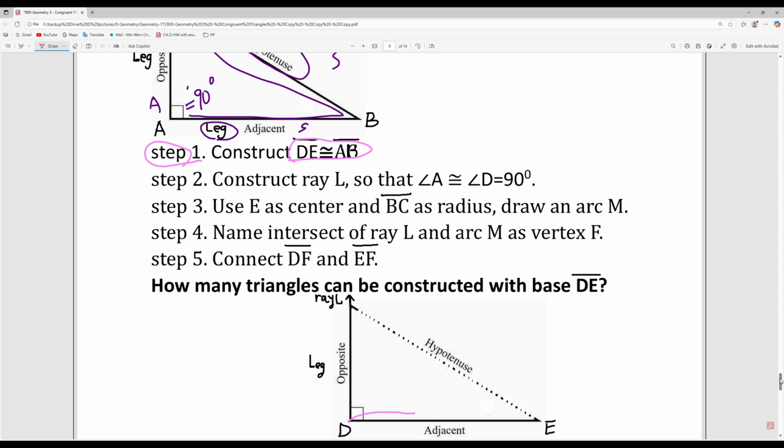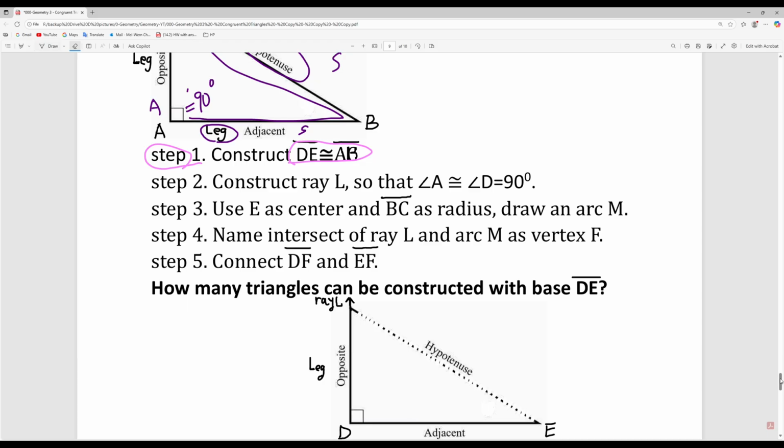DE equals to AB. And then second step is very easy. We can just use a ruler to construct angle D equals to 90 degrees.